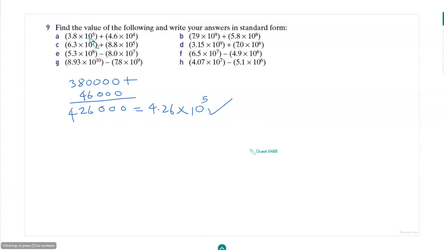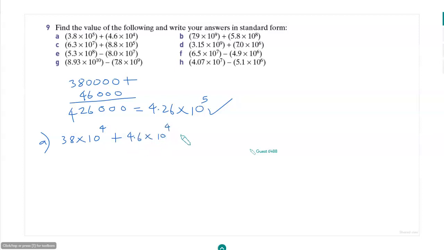You can also do this like, okay, we're doing a. So 10 to the power 5. You can write the first term as 3.8 times 10 raised to 5 is 38 times 10 to the power 4, plus 4.6 times 10 to the power 4.